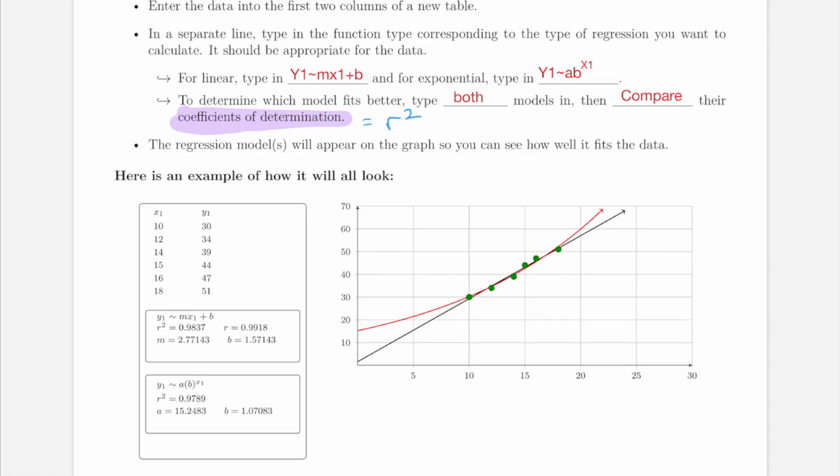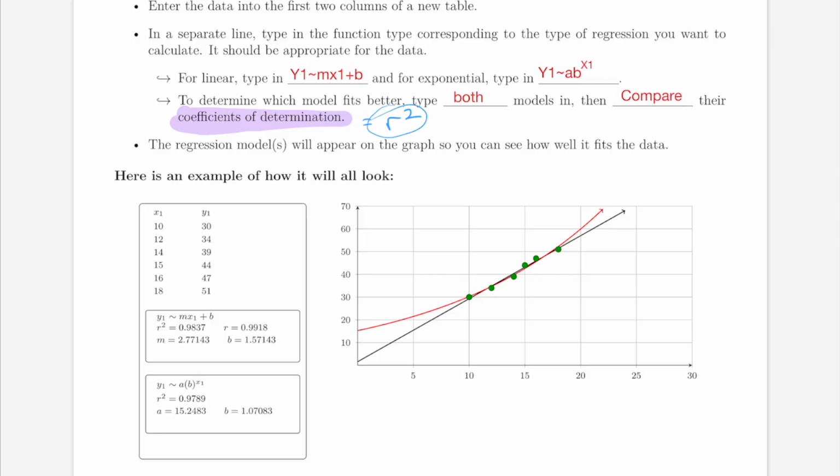We actually need to be reasonable about it and decide if it should be a linear or an exponential model, and there's context for it. We'll come back and look at that in a minute. In the case of this class, or in the case when we have no context at all, we just have numbers, then this is what we go with. We go with just comparing r squared.